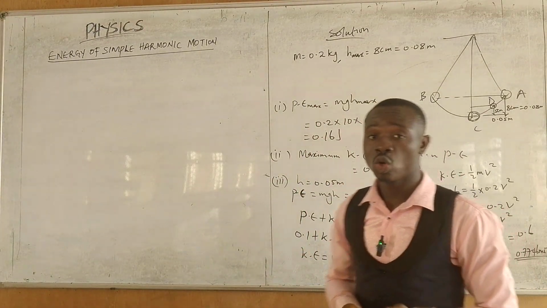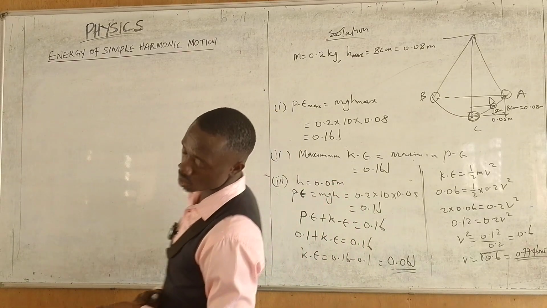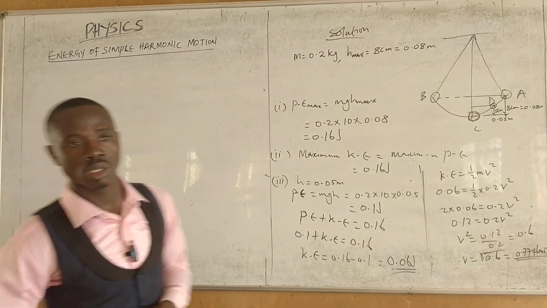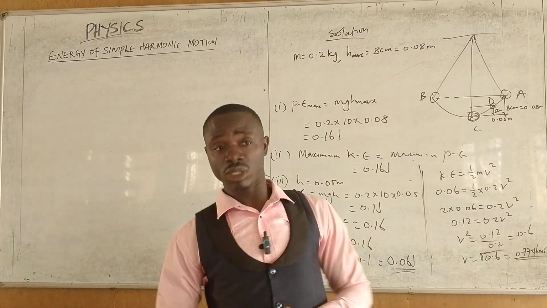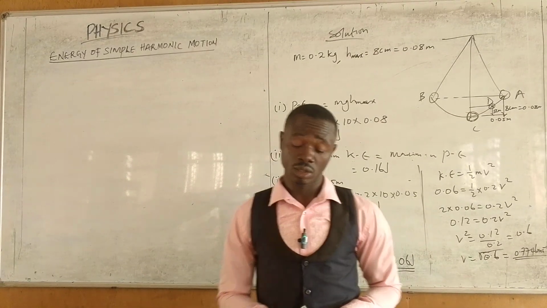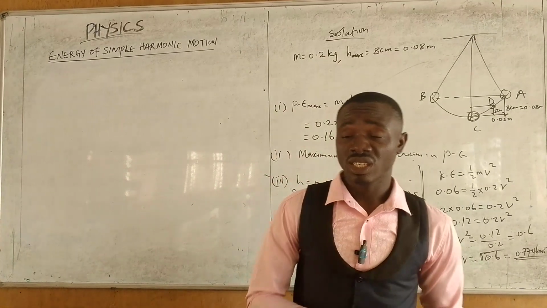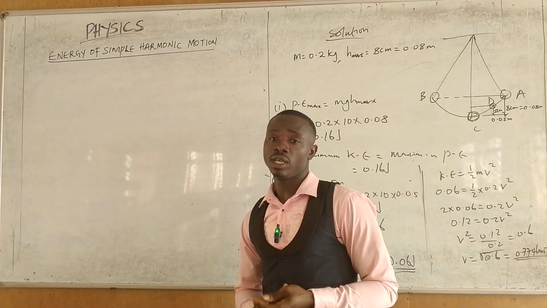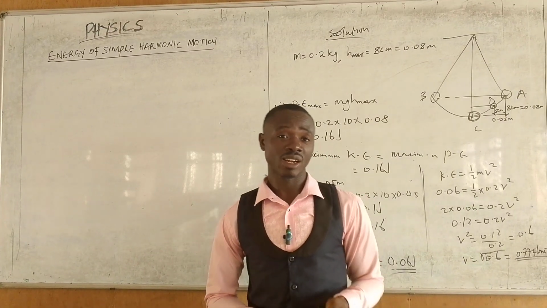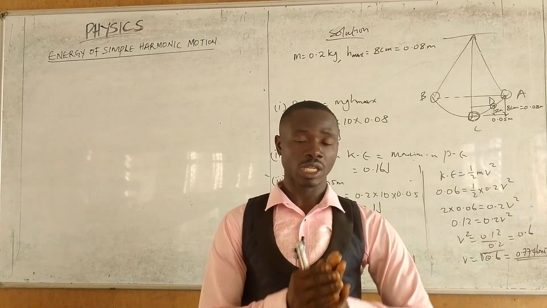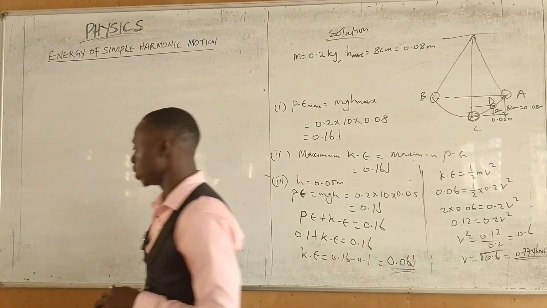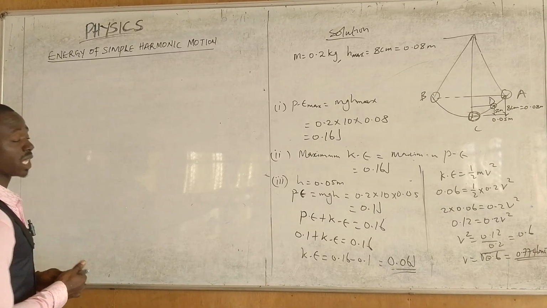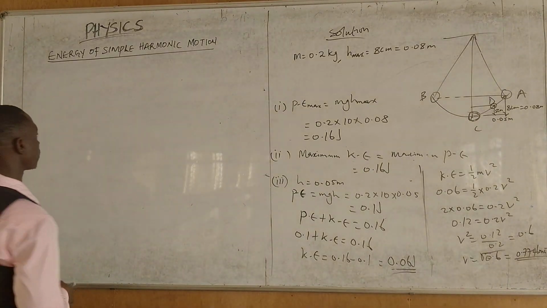Hooke's law of elasticity says that provided the elastic limit of an elastic material is not exceeded, the extension e is directly proportional to the force applied or to the load on that material. For example, a spiral spring.